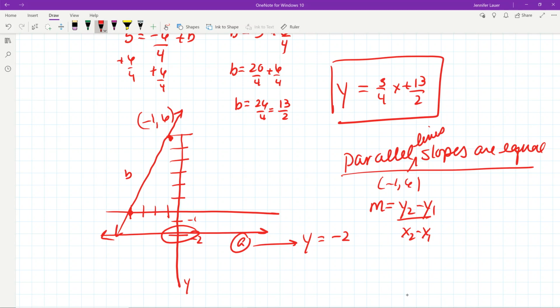Okay, so I see one down here at -6, -5. Yeah, so that's a perfect point there.